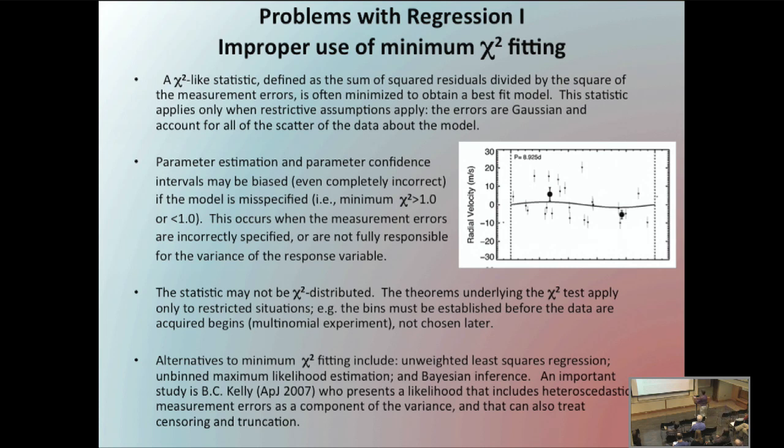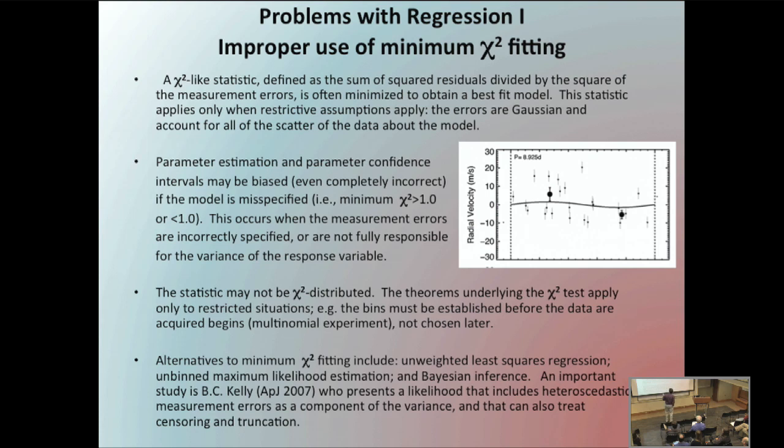That's one issue there. And here's another issue. Parameter estimation, and particularly parameter confidence intervals, may be biased and even possibly completely wrong if the model is misspecified. Misspecification is a technical word. Within the context of this minimum chi-squared, it means the reduced chi-squared is greater than 1 or even less than 1.